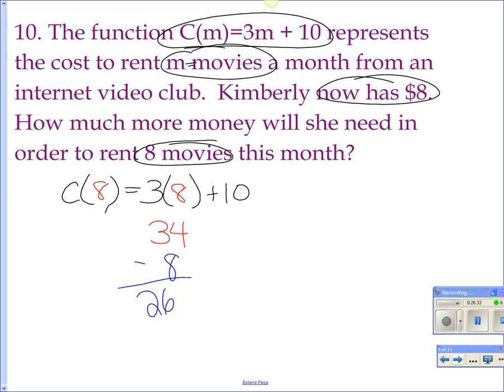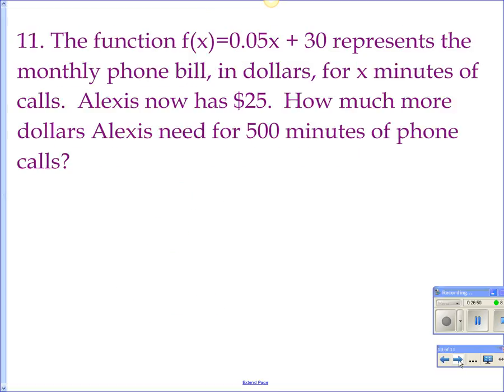She has $8. Okay, she has 8. So it says, how much more will she need? She'll only need 26 more. Okay. All right. Great job. Number 11. Joey, read 11.